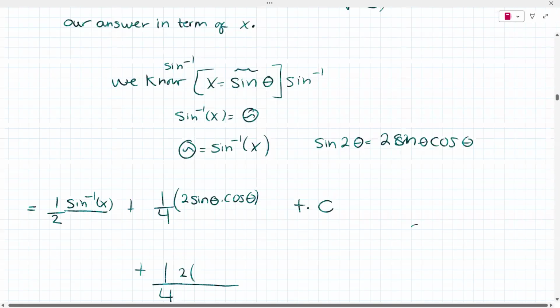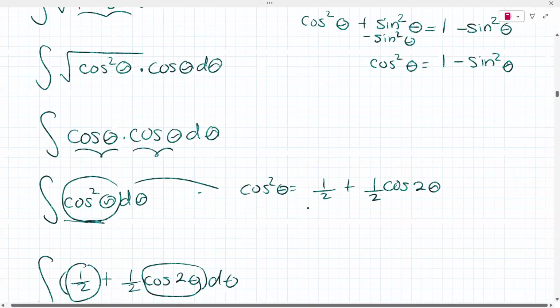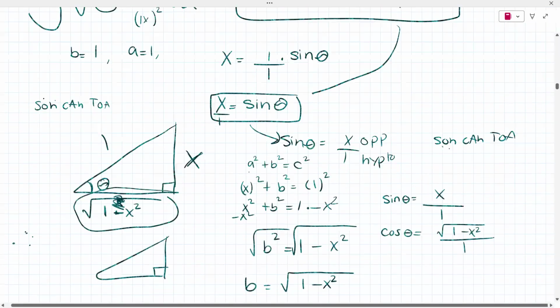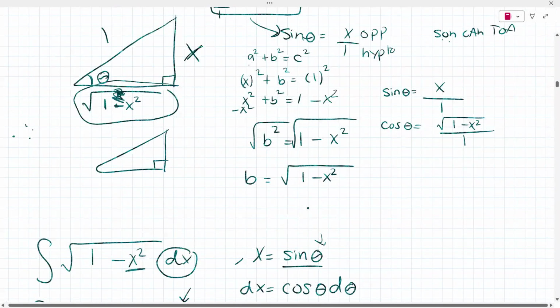Sine theta was equal to x, and cosine theta was equal to square root of 1 minus x squared.